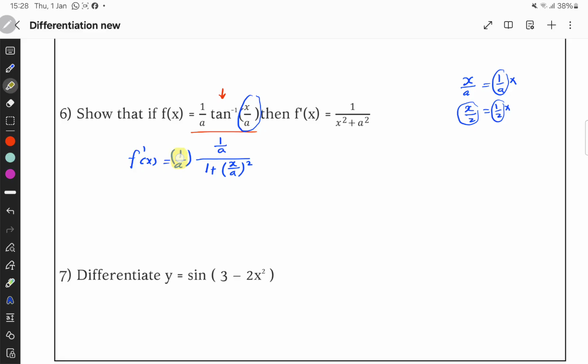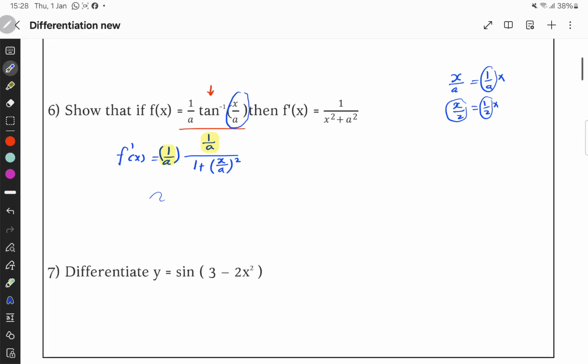So we just multiply that numerator by that. When we multiply, it will be 1 times 1, it will be 1. a times a will be a squared, over 1 plus, that power distributed over division, it will be x squared over a squared. I said before, if you have any denominator to remove, we just multiply all terms by that denominator. So I will multiply all terms by a squared, sorry.